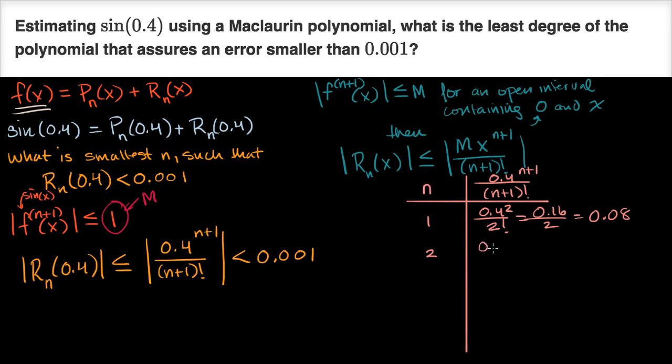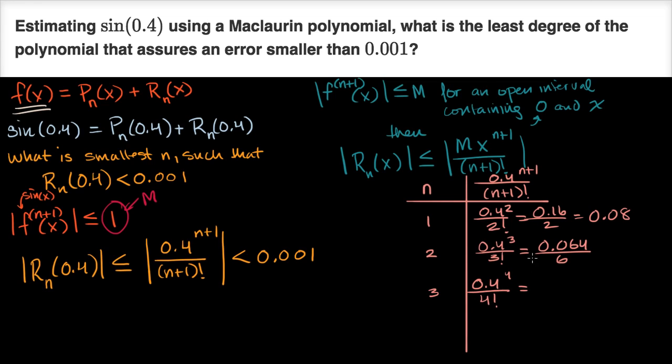When n equals 2, it's going to be 0.4 to the 3rd power over 3 factorial. And what is that equal to? I'm going to need 3 digits behind the decimal. 0.064 over 6. Well, this is a little bit more than 0.01. So our n isn't large enough yet. So let's try 3. So this is going to be 0.4 to the 3 plus 1, so that's going to be to the 4th power over 4 factorial.